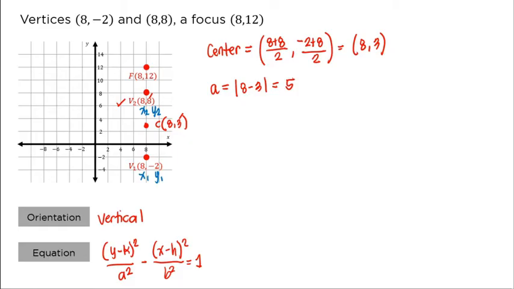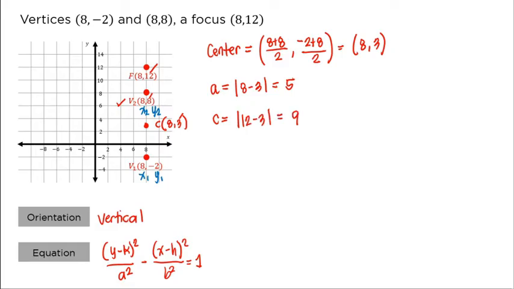So we can solve for the value of c. And that is equal to the absolute value of, since the center and the focus here are vertically aligned, we will take the absolute value of the difference of the y coordinates, which are 12 and 3. So we have 12 minus 3 is equal to 9.